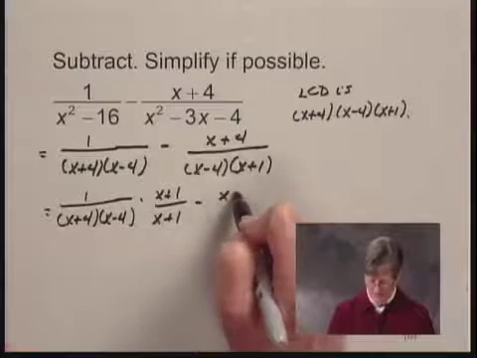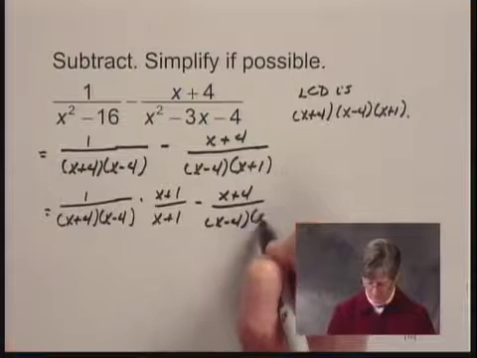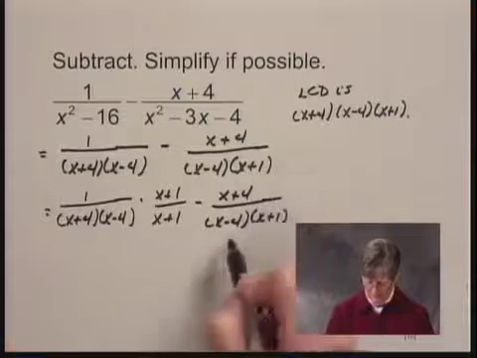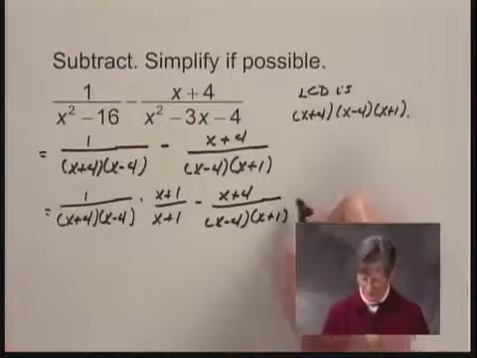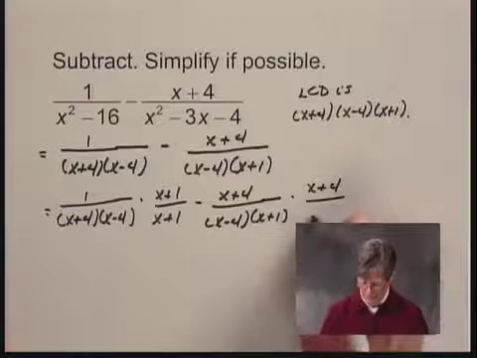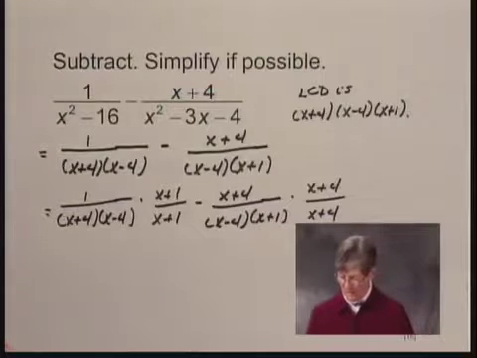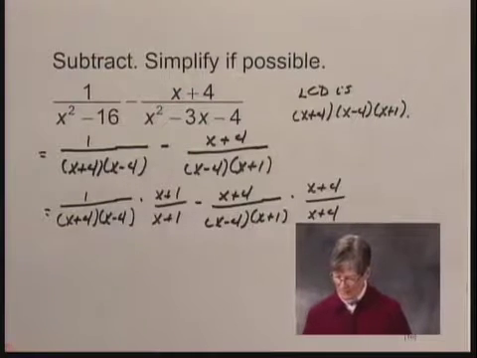And the second denominator lacks the factor of x plus 4. So we will multiply by x plus 4 over x plus 4. And now let's just go ahead and do those multiplications.